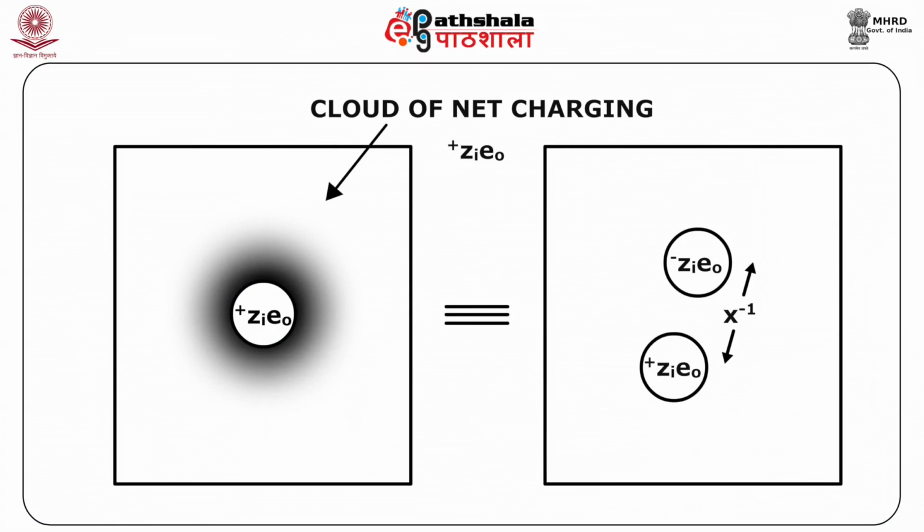Therefore, the effect of the ionic cloud, psi ionic cloud, is equivalent to that of a single charge equal in magnitude but opposite in sign to that of the central ion, placed at a distance chi inverse from the reference ion. This has been depicted in the figure. This is also the reason that the quantity chi inverse is known as the effective thickness or radius of the ion atmosphere surrounding a central ion.